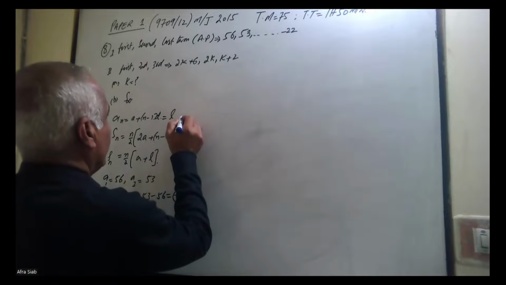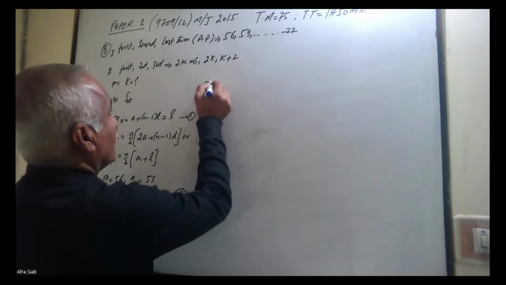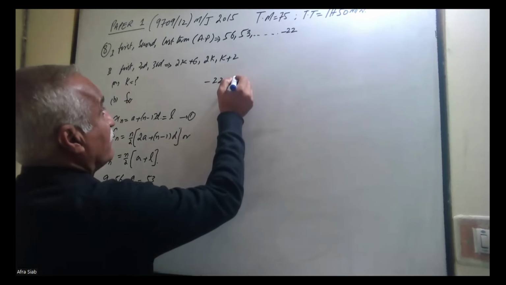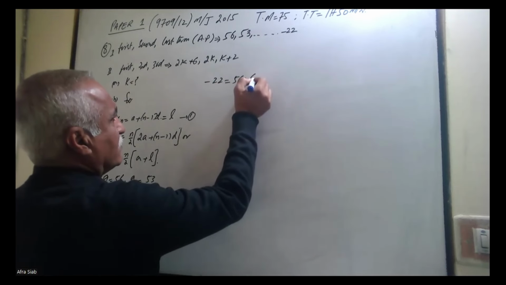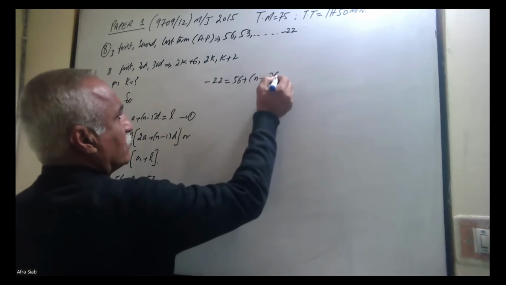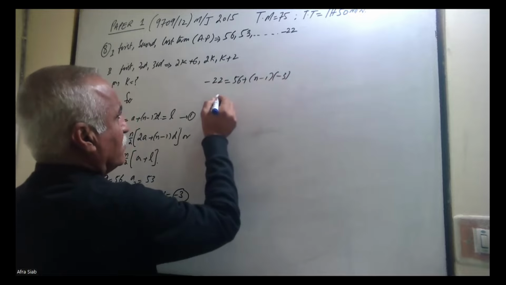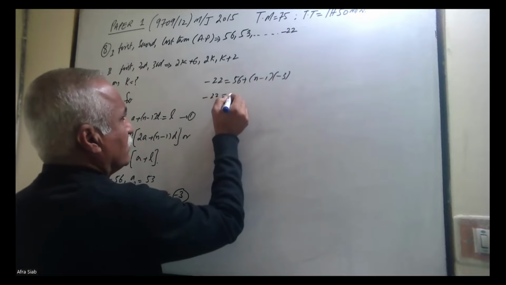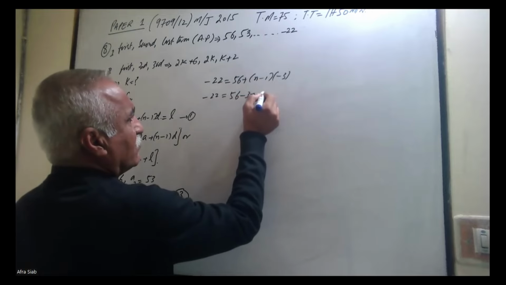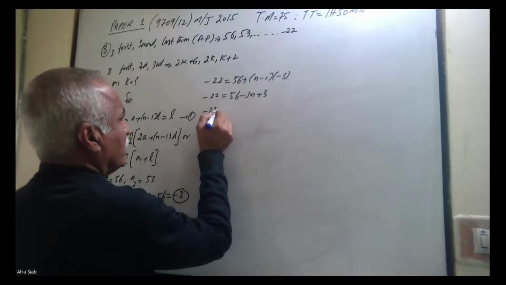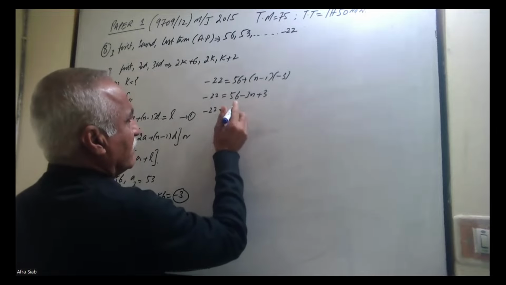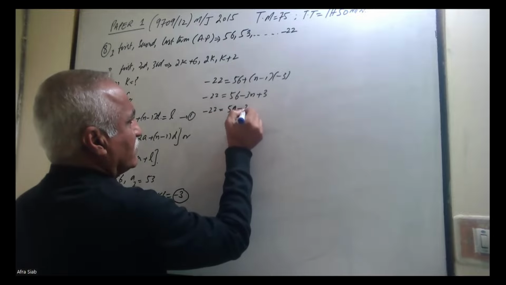If we use this formula, the last term minus 22 is equal to a, which is 56, plus n minus 1 into d, where d is equal to minus 3. So minus 22 is equal to 56 minus 3n plus 3, or minus 22 is equal to 56 plus 3, that is 59, minus 3n.